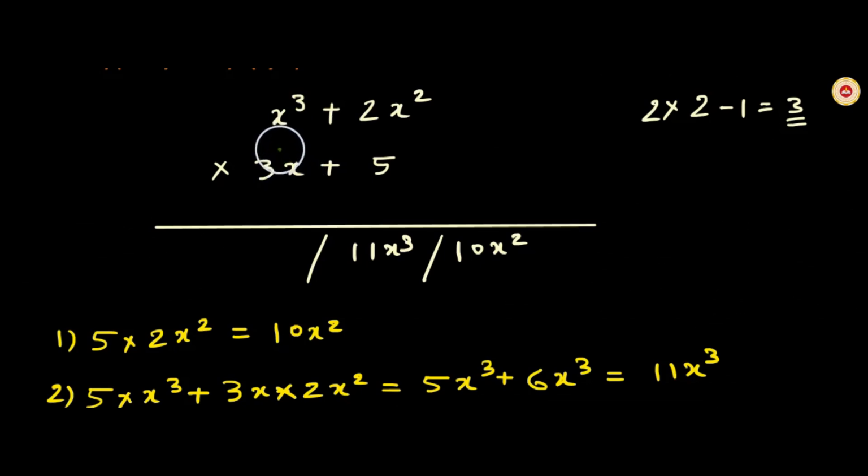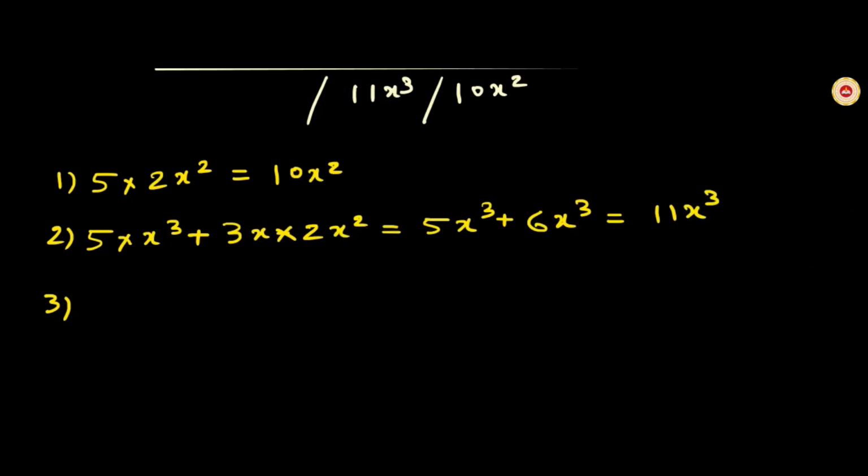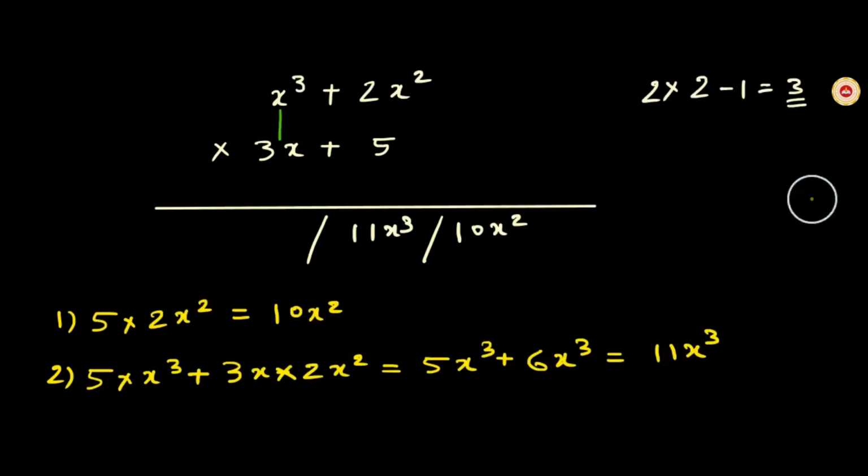Two terms in the last column. So multiplying these two terms vertically, 3x multiplied by x cube, which is equal to 3x to the power 4, right? So write the answer 3x to the power 4. Yes. Now friends, we have calculated the answer in 3 parts.